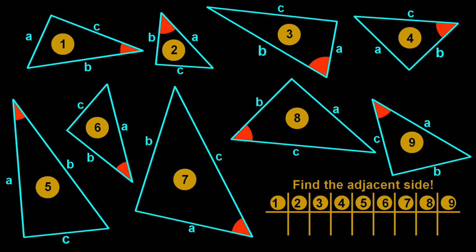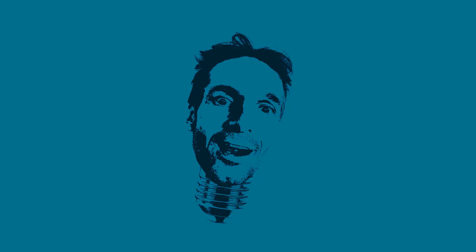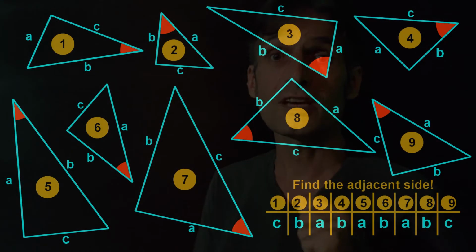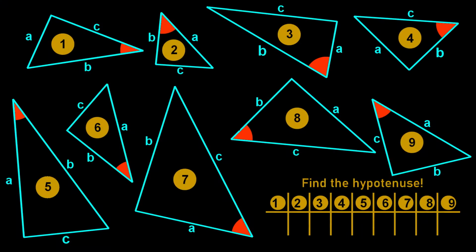Let's practice this a bit. Here are triangles. Try to find the adjacent side in each case. Please pause the video now. Here come the answers. Pause again. Because I'm mean, now I'm asking you to find the hypotenuse. Good luck.